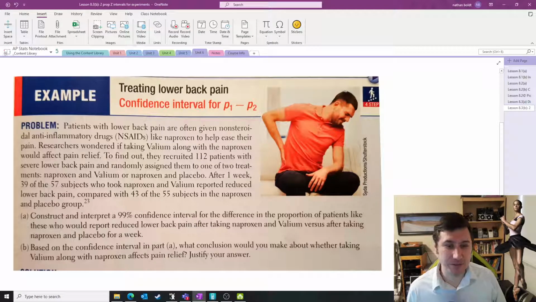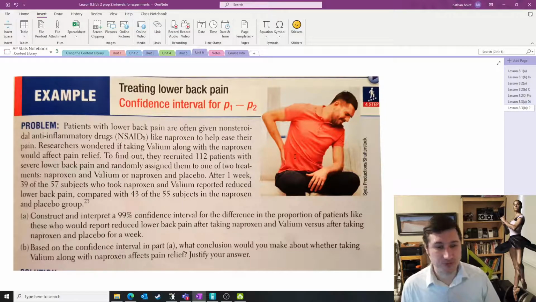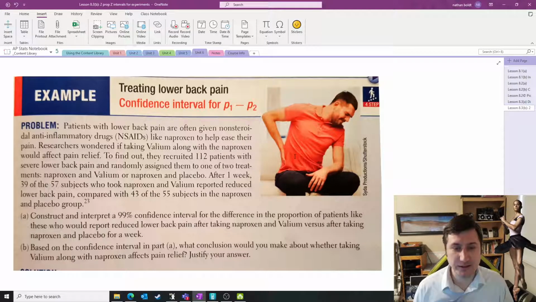To find out, they recruit 112 patients with severe lower back pain, and randomly assign them to one of two treatments, naproxen and Valium, or naproxen and a placebo. After 1 week, 39 of the 57 subjects who took naproxen and Valium reported reduced lower back pain, compared with 43 of the 55 subjects in the naproxen and placebo group.